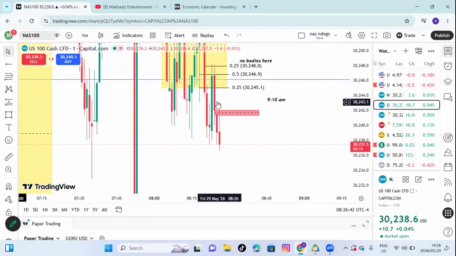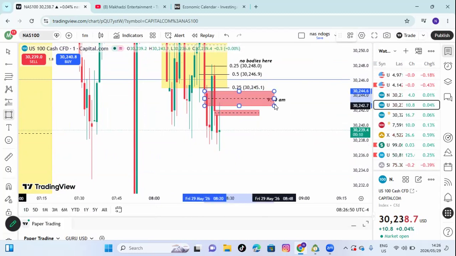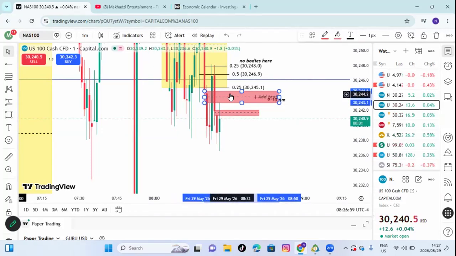And you see this wick entered into this here. Oh my God, this is beautiful. You see there? This fair value gap has now reclaimed its bearishness, basically. It's reclaimed.